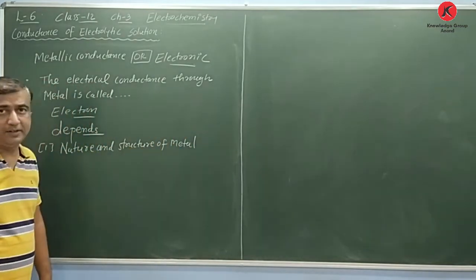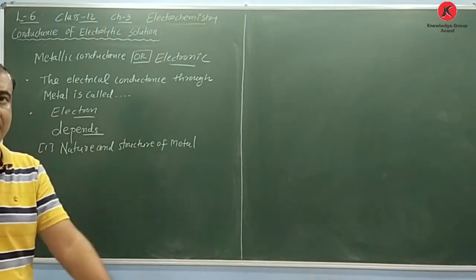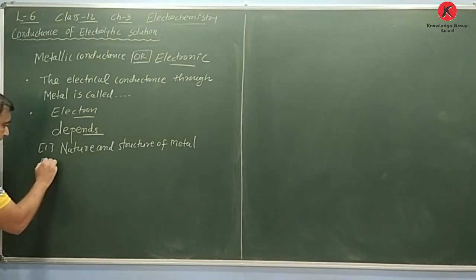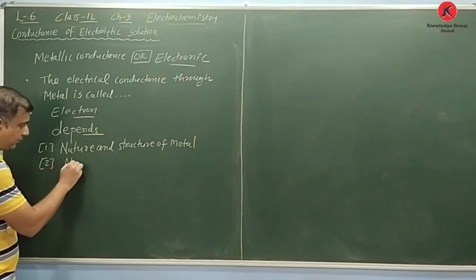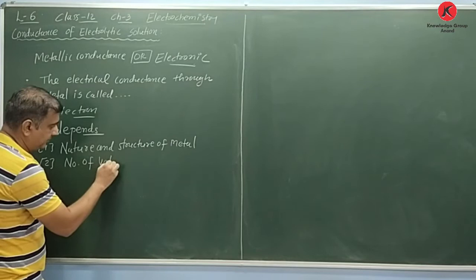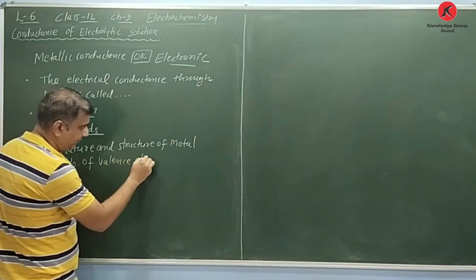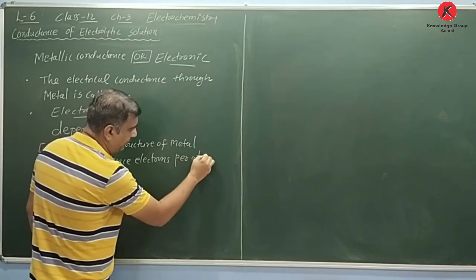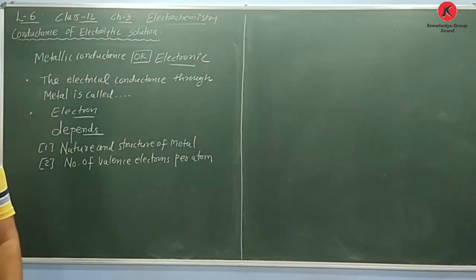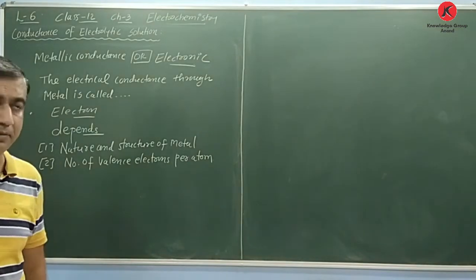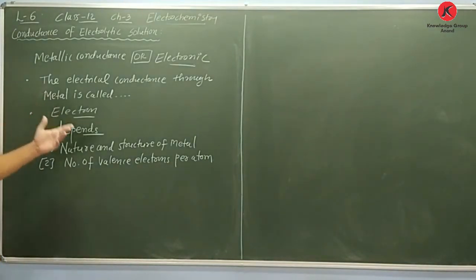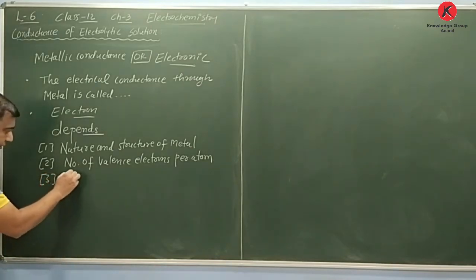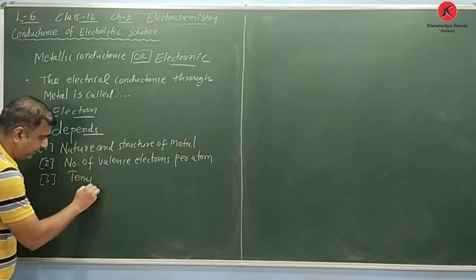Different metals have different structures, so obviously different values of metallic conductance. Second, the number of valence electrons per atom. Different metals have different numbers of valence electrons, so obviously metallic conductance will be different. And finally, third, it depends upon temperature.